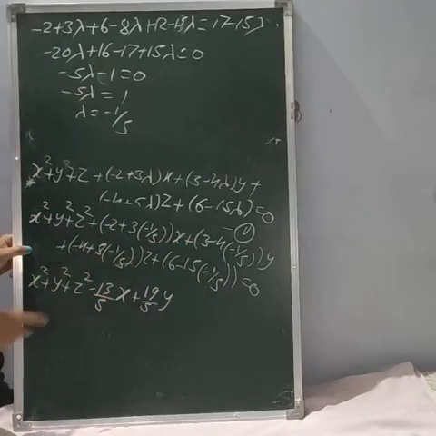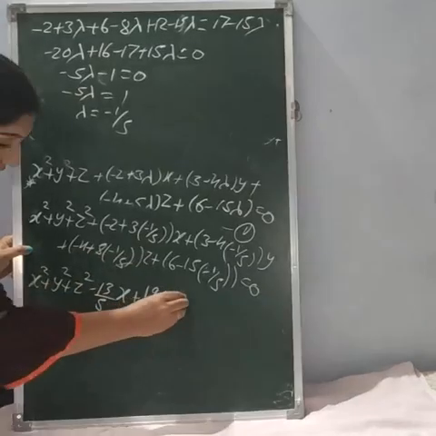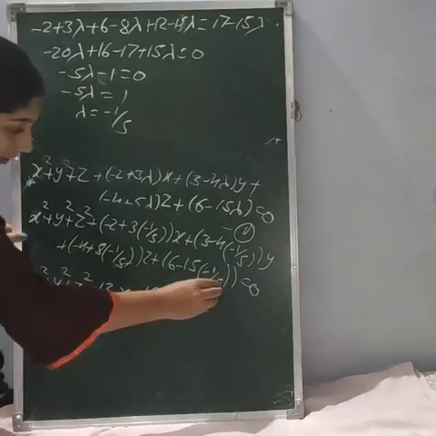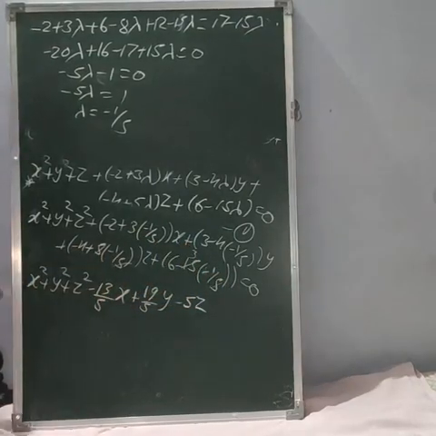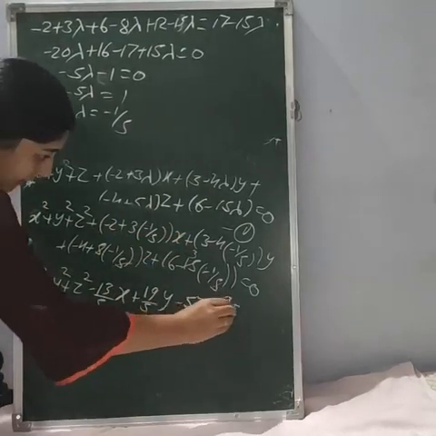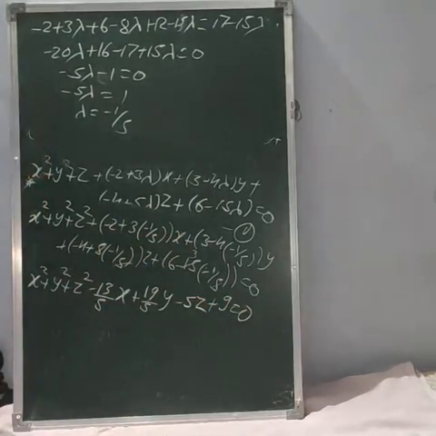Here 5 gets cancelled, we remain with minus 4 minus 1, so you will get minus 5z. Next here 5 ones are 5, 5 threes are 15, so minus into minus plus 3, you will get 6 plus 3, so it is plus 9. This is equal to 0, and this is the required equation of the sphere through the circle.